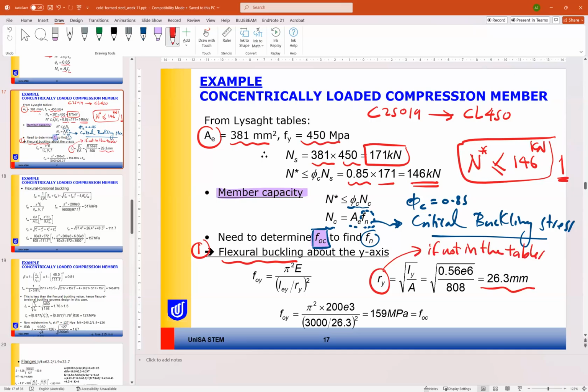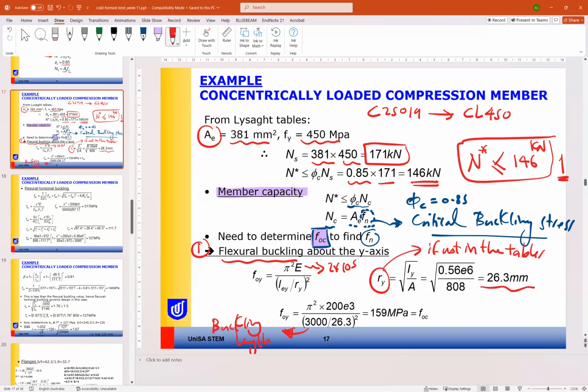This means that Foy equals pi squared times E, where E is 2 times 10 to the power 5, or 200 times 10 to the power 3. Ley, the buckling length about the y axis, is given in the problem as 3 meters.